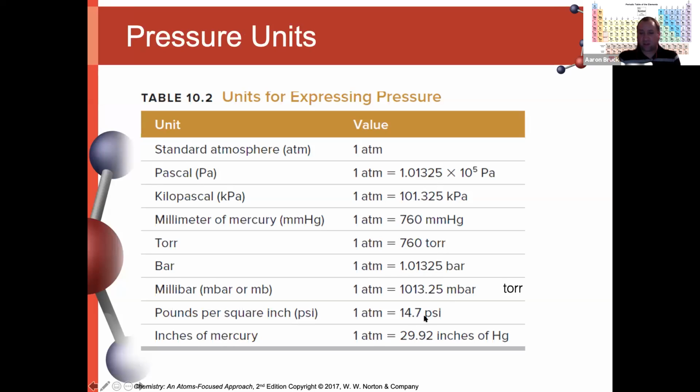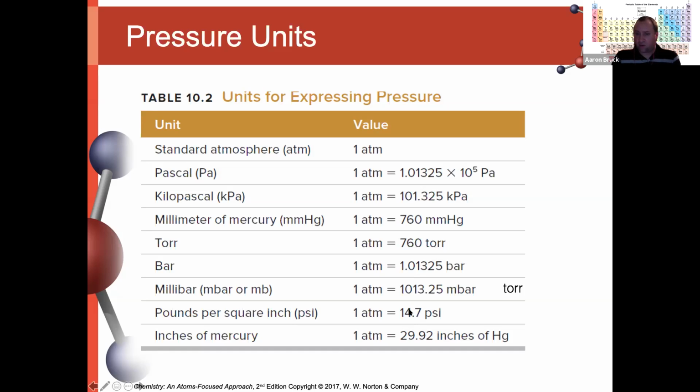If you're given something in PSI, we don't have an R value for PSI, but you can convert it to atmospheres or torr or any of those others. And keep in mind the transitive property applies here as well. If 14.7 psi is equal to 1 atmosphere and 760 millimeters of mercury is equal to 1 atmosphere, understand that they're also equal to each other.